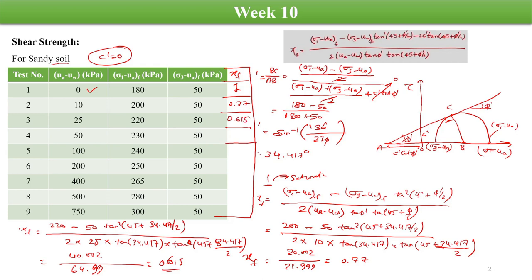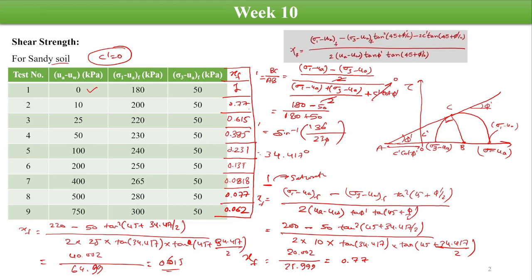Similarly, if you calculate for the other tests, which I've already calculated, the values will be 0.385, 0.231, then 0.135, then 0.0818, then 0.077, and going further, 0.062.